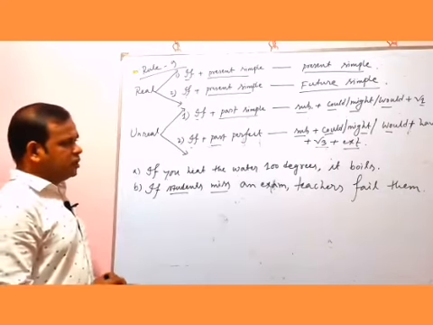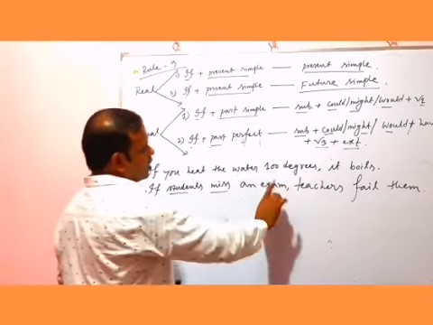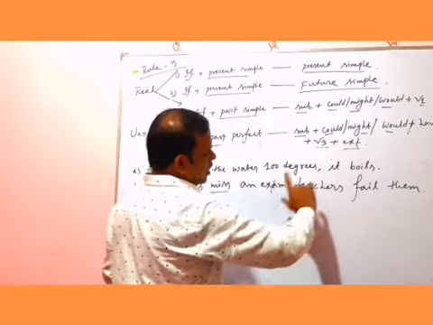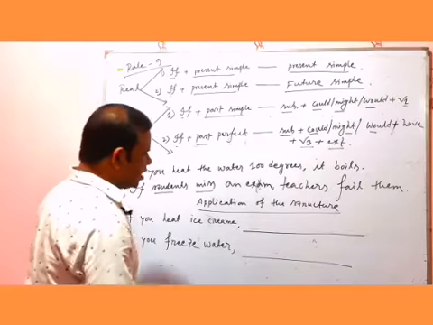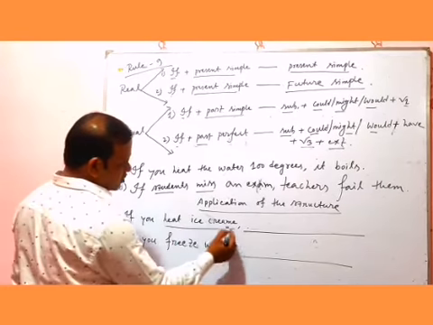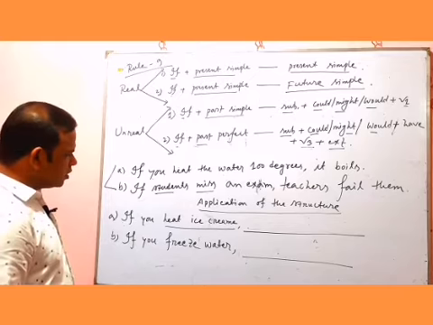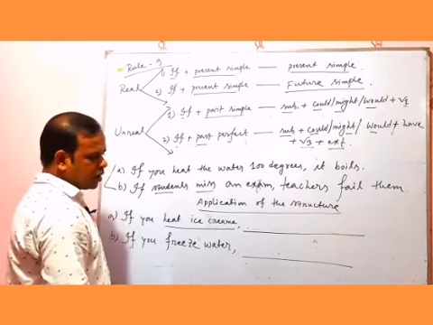If it is scientific truth or general truth, that will be present simple and the next part will be present simple. Application of the structure. If you eat ice cream, please, what will be the next part? Can you guess?